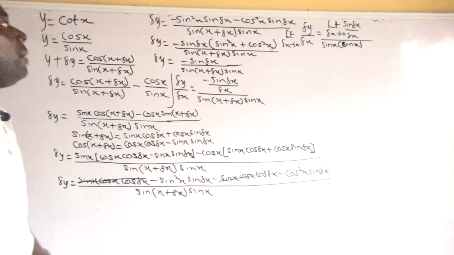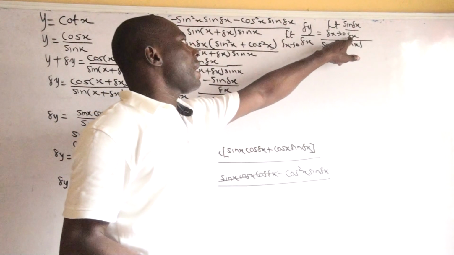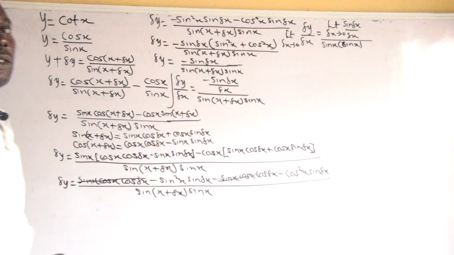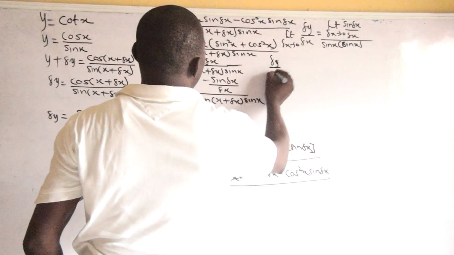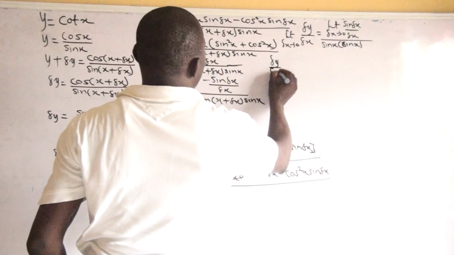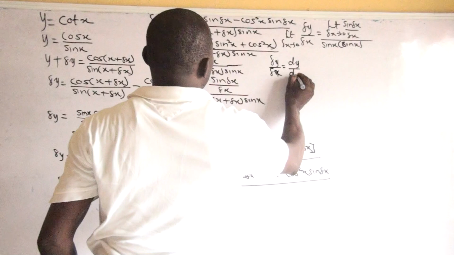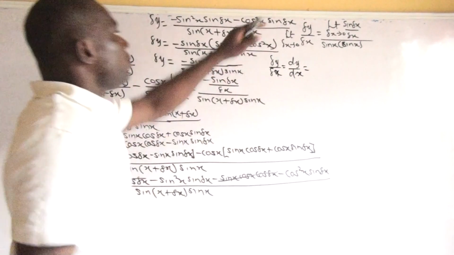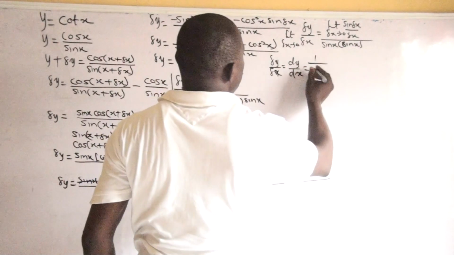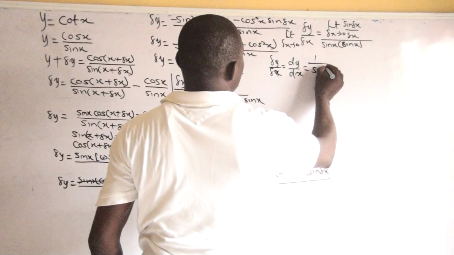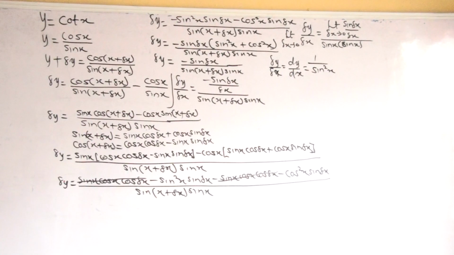And we know from limits that the limit as delta x tends to 0 of sin delta x over delta x is equal to 1, so that delta y over delta x becomes dy over dx. Here this becomes 1 over sin x times sin x, that will give us sin squared x.